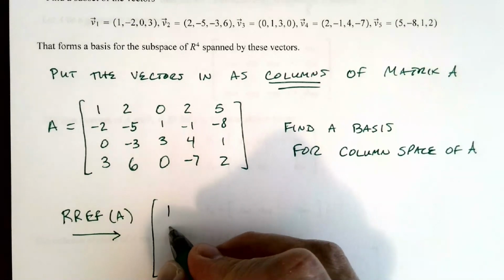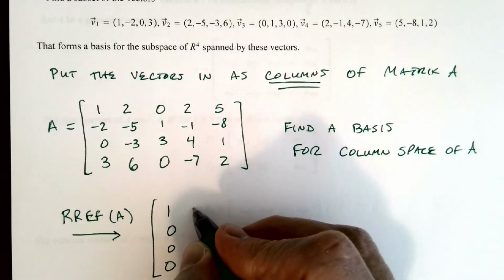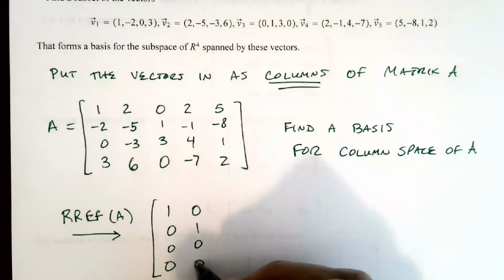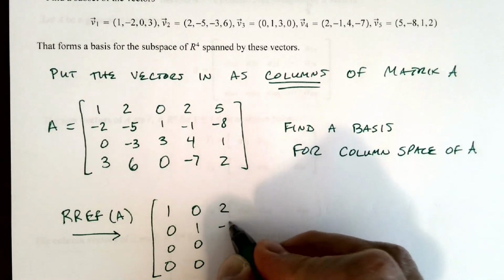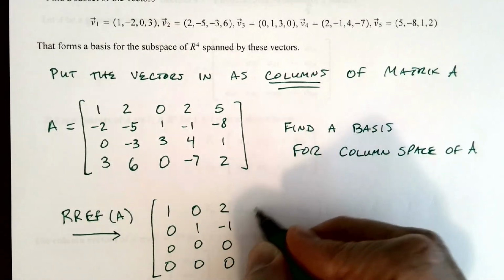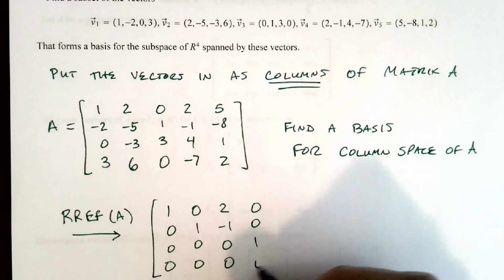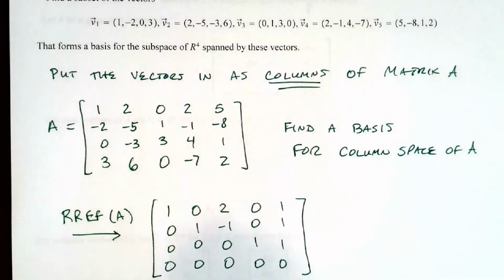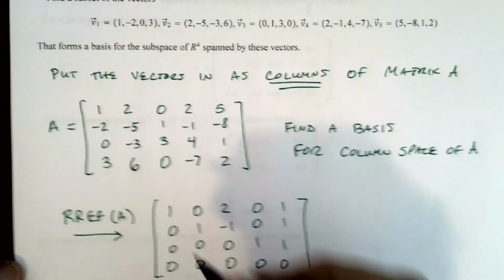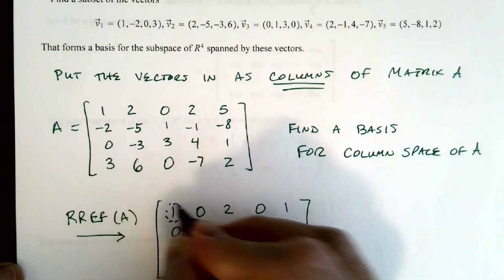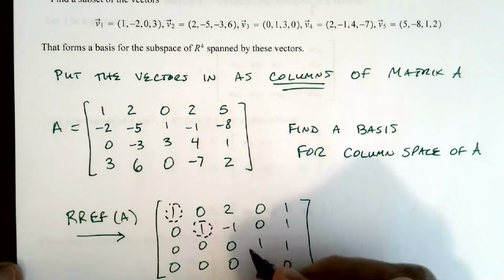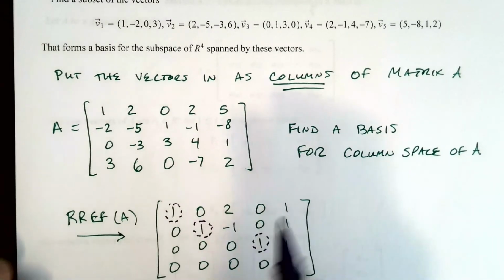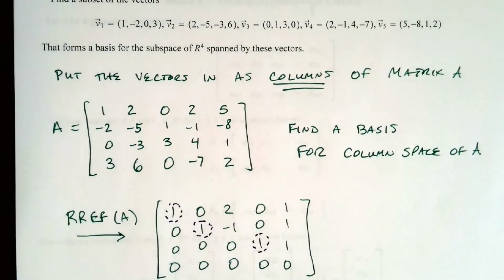And I get 1, 0, 0, 0. And I will circle my leading ones. Okay. So what is a basis for the column space of A?